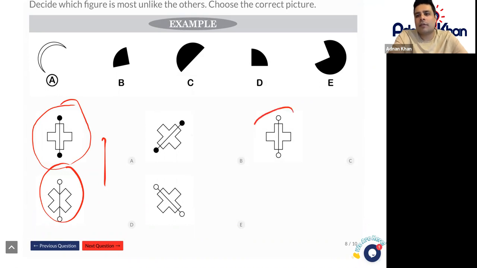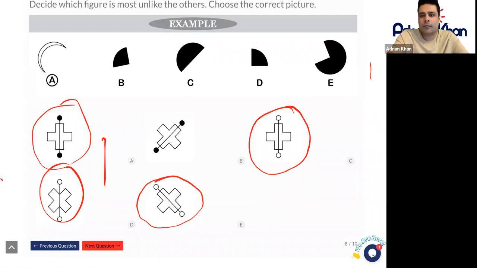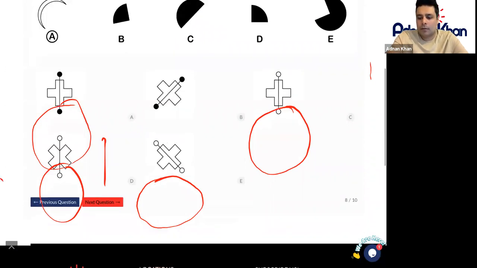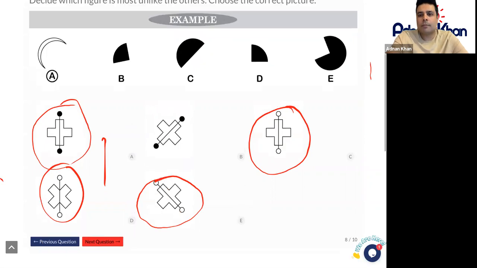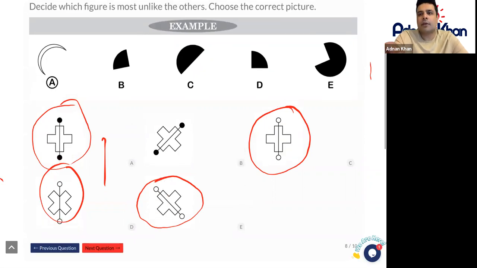Here, you have the same thing. Here, you have the parallel lines in one end as well. But B is slightly different because the parallel lines are not in one end.